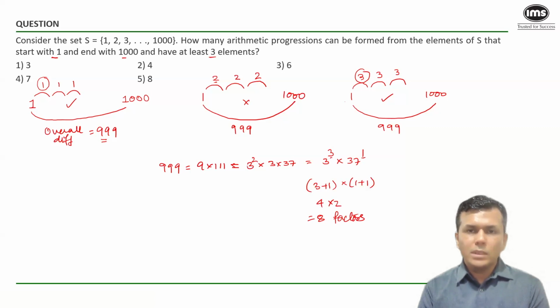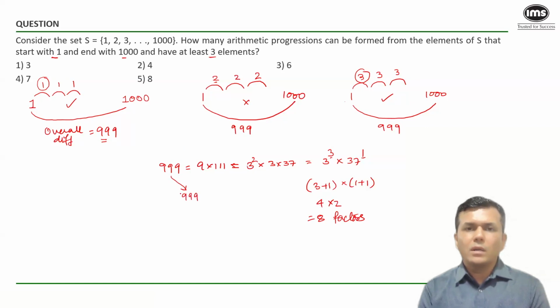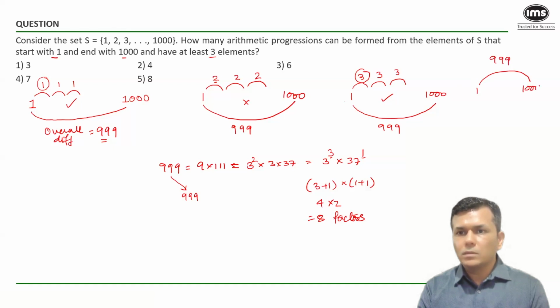But now there is a small catch here which we need to understand. One of the factors of 999 is 999 itself, isn't it? So can we have an AP with a common difference being 999? If you do that, you begin with 1, your common difference is 999, so the last term is 1000.